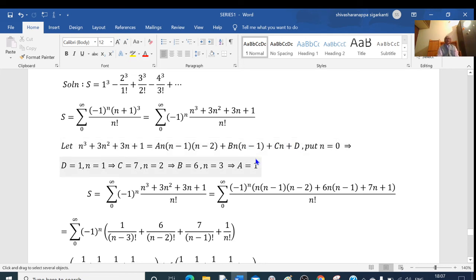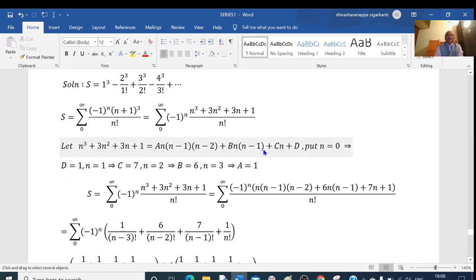Then you can multiply and compare the coefficients of like powers of n, or we can give n equal to 0, n equal to 1, n equal to 2. Then we get the 3 values easily. To find the fourth value, we have to take n equal to some other value than these 3 values. Then we get the value of the fourth one also.